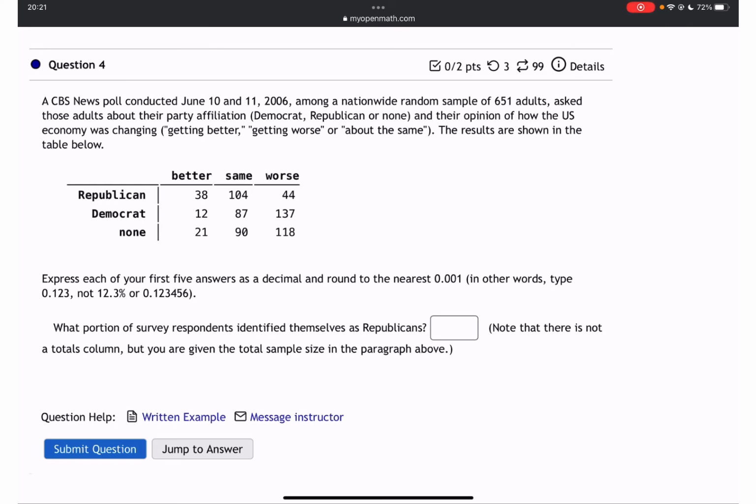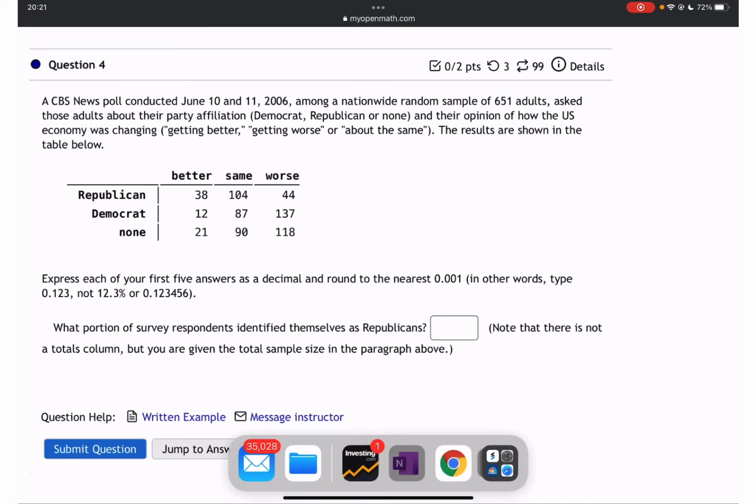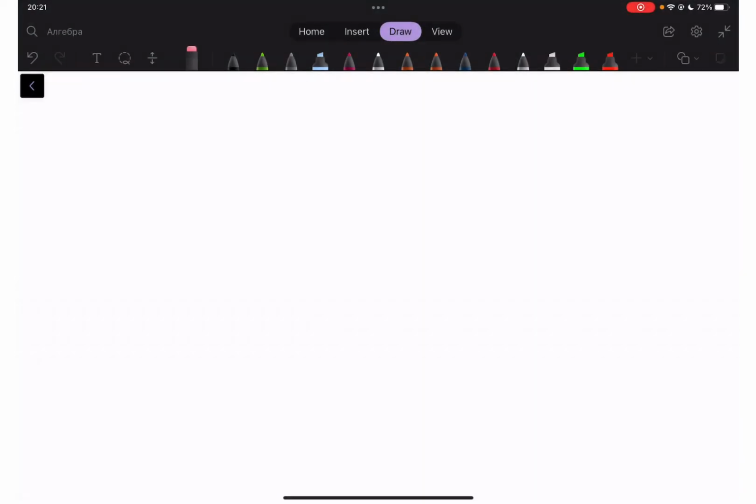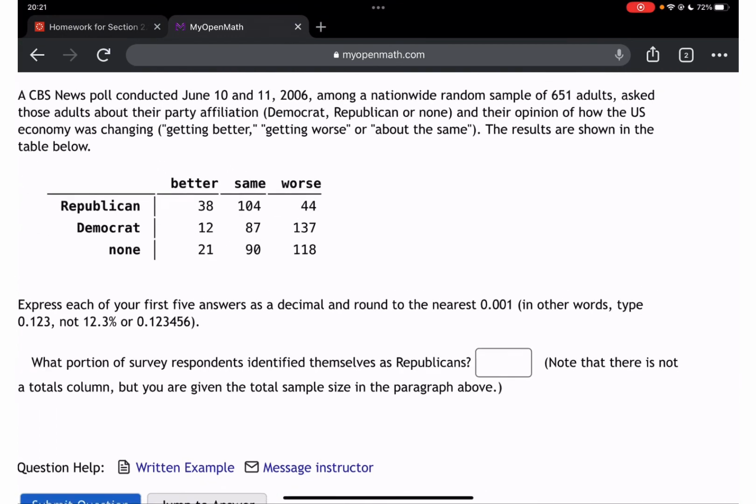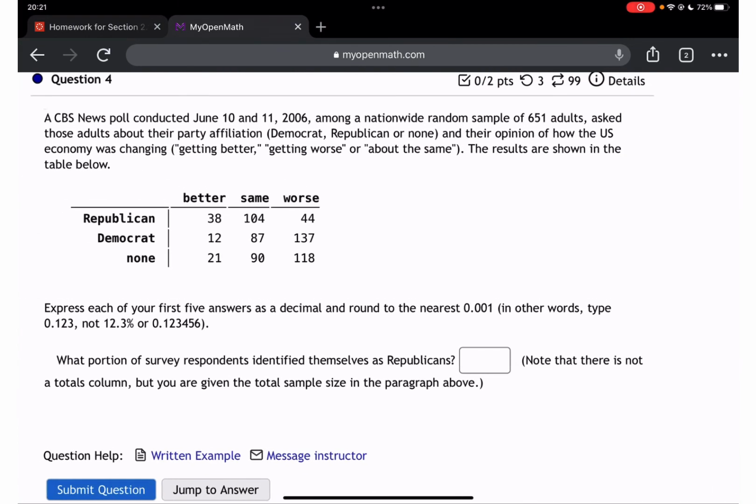Let me write it down somewhere so I won't forget. 186 Republicans. Okay, now next, we have to divide by the total. Now I need to get the total. So we know Republicans 186, so I'm continuing adding plus 12 plus 87 plus 137.